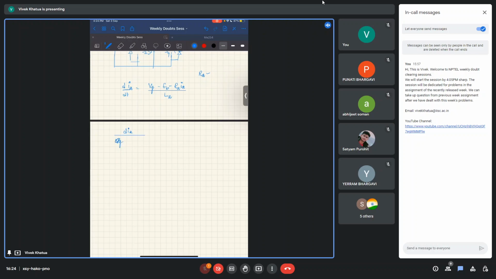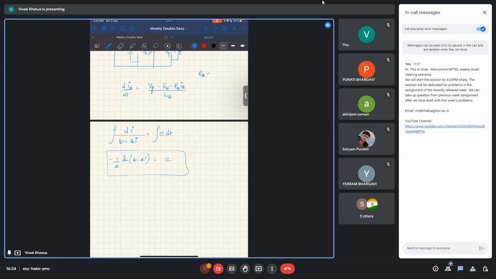Let's just make it B minus AI. So this is of this form. Integration of this, you will get ln of B minus AI, right?